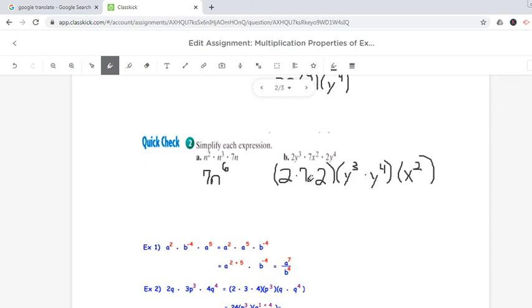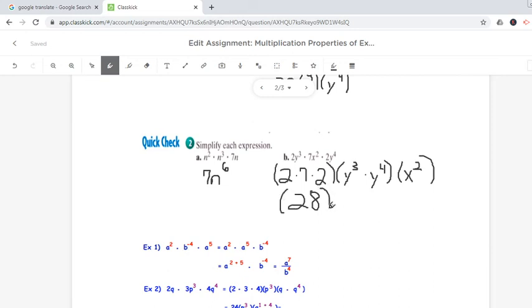So 2 times 7 is 14. And then times 2 is, let's see, 14 times 2. I'm pretty sure, but let's see. Yep, 28. So 28.